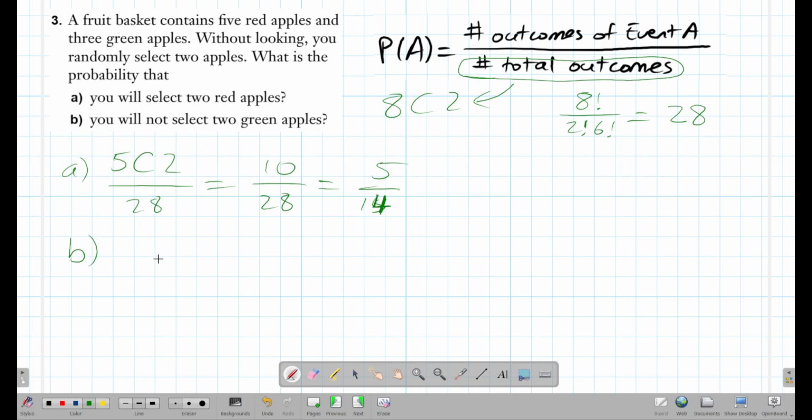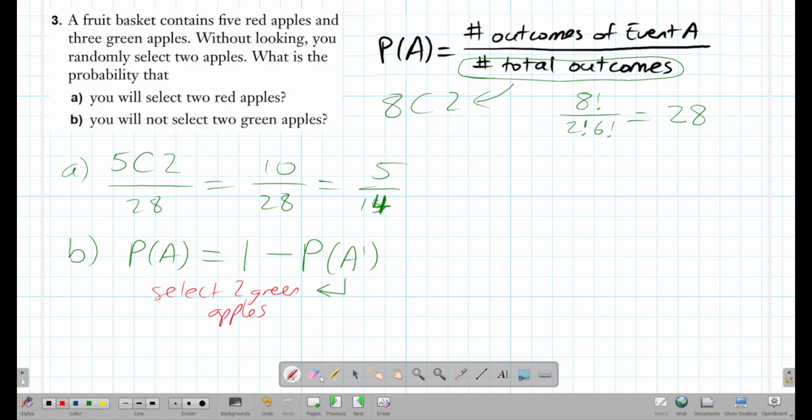For B, we're looking for the probability that you will not select 2 green apples. So here we're going to use our trick: the probability of our event, in this case not selecting 2 green apples, is equal to 1 minus the probability of the complement. The complement in this case is selecting 2 green apples.